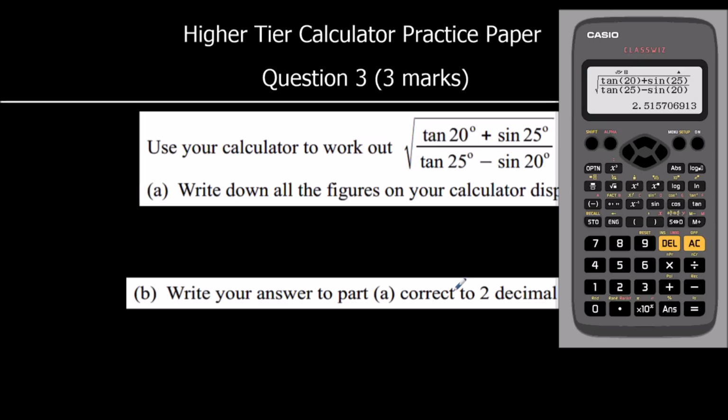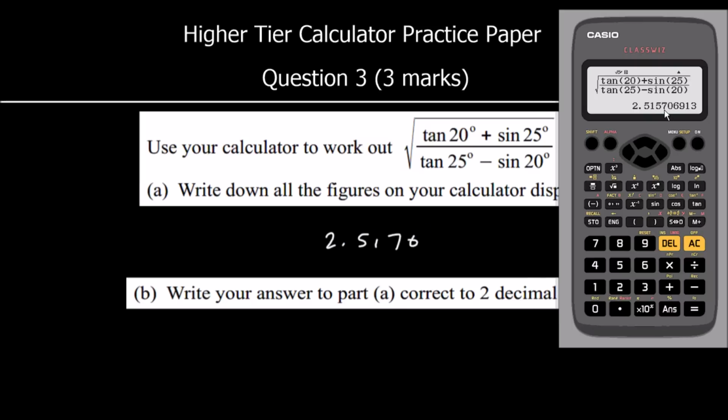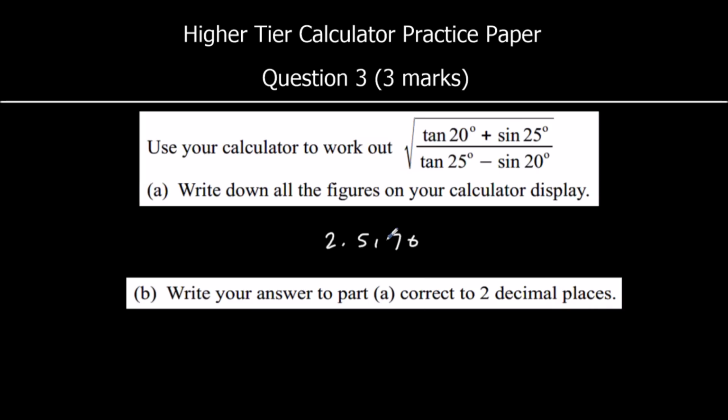So we have 2.5170 5 1 5 70 6913. And write your answer correct to 2 decimal places. So it's a 5, so it rounds up: 2.52. So the next number after 2 decimal places is 5 or above, so we round up.